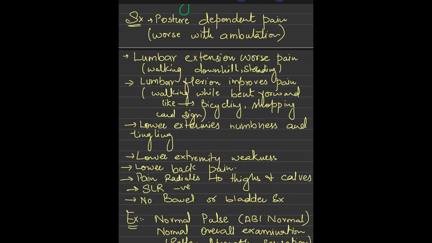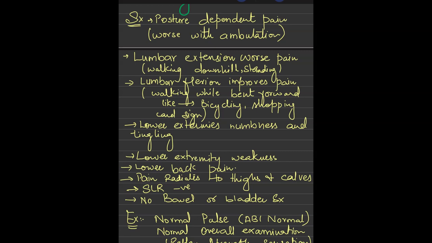What about the lower extremities? Weakness, numbness or tingling will be present in these patients. Weakness will be present, numbness will be present, tingling will be present, and lower back pain for sure. Pain radiating to the thighs and calf is possible. The straight leg raise test will be negative here, because this is not radiculopathy.